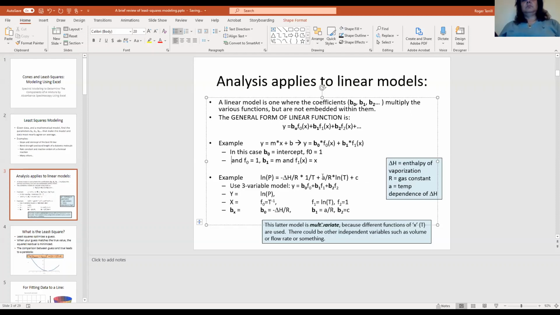And F1 equals X. Sorry, trying to edit here and talk at the same time.